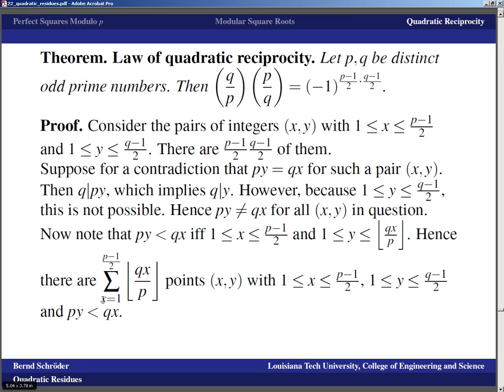Hence, there are the sum x equals 1 to p minus 1 over 2 of the greatest integer below qx over p points xy, so that x is between 1 and p minus 1 over 2, y is between 1 and q minus 1 over 2, and so that py is smaller than qx.